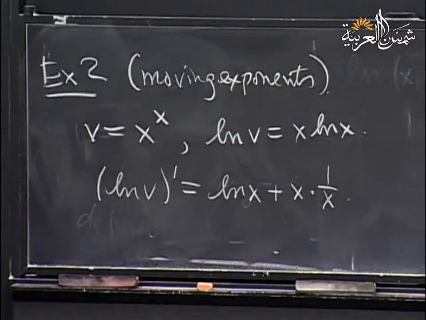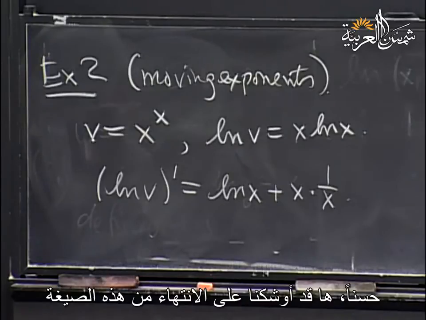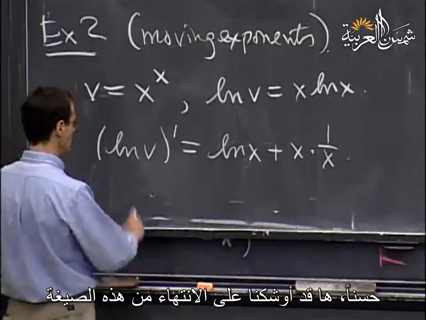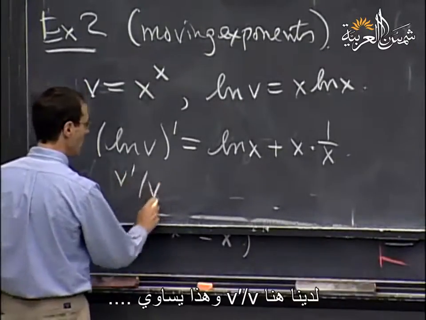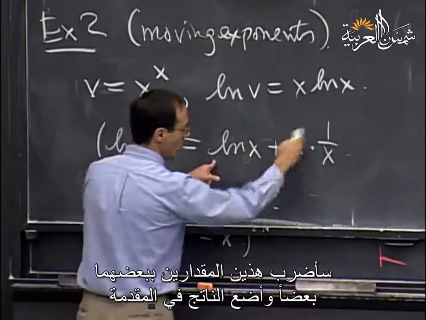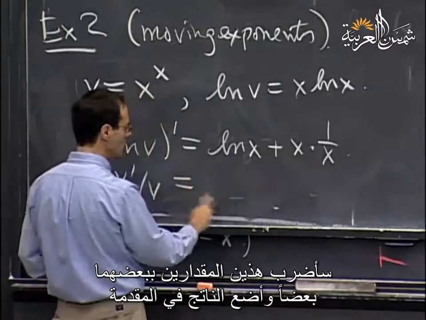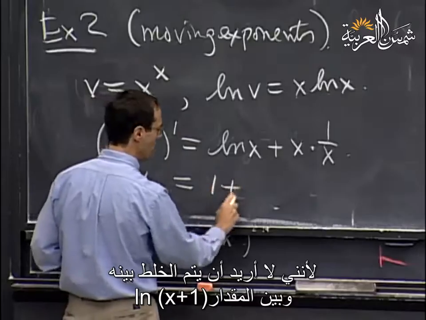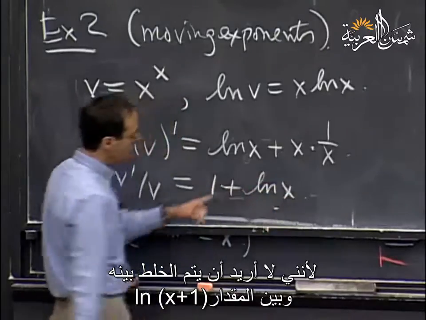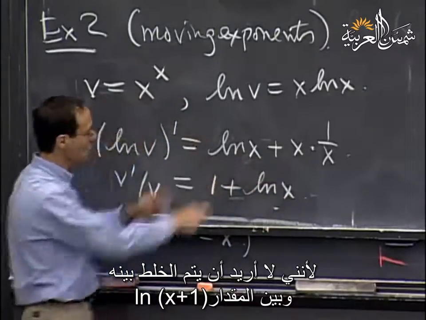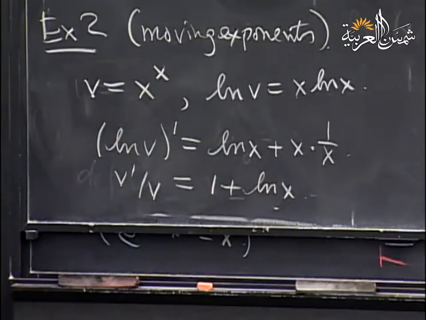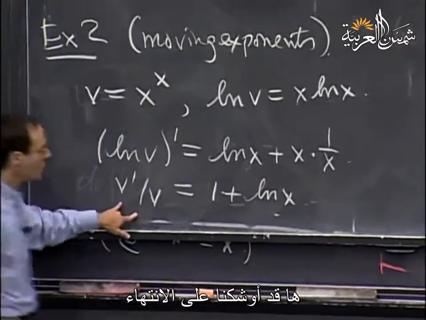Okay? So here's my formula, almost finished. So I have here v prime over v is equal to, now I'm going to multiply these two things together. I'll put it on the other side because I don't want to get it mixed up with log x plus 1, the quantity. All right? And now I'm almost done.